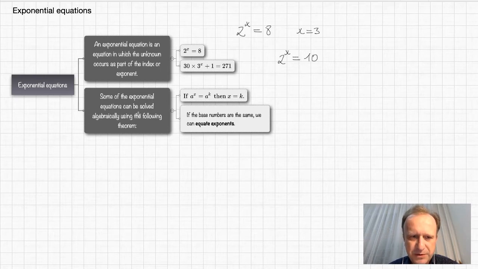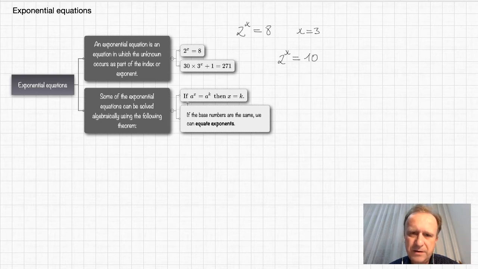Some of the exponential equations can be solved algebraically using the following theorem. The theorem states a very easy to understand idea: if a to the power of x equals a to the power of k, then x must be equal to k. The basic idea behind this is the following.